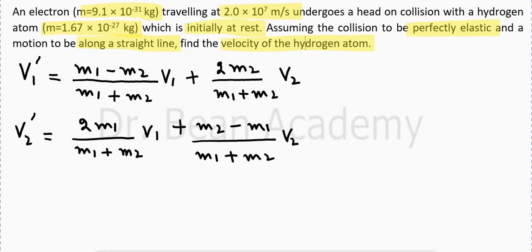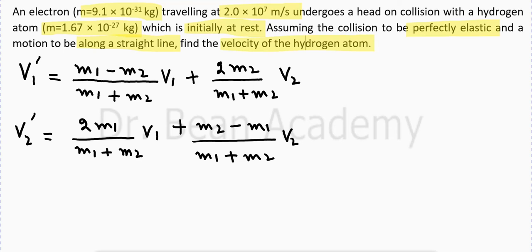the hydrogen atom. I have a long lecture on elastic collision in one dimension, and I strongly suggest you watch that lecture before you try to solve this question, because I have derived all the relevant formulas as well as discussed the special cases, and there is a lot of other information which will be very helpful for you.